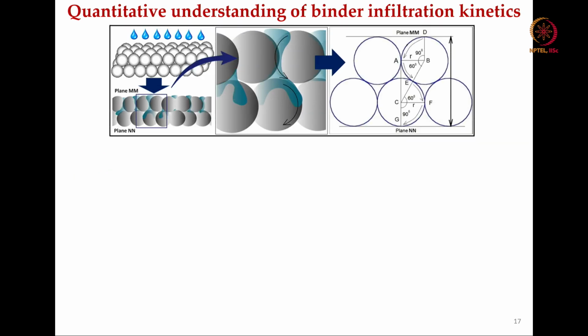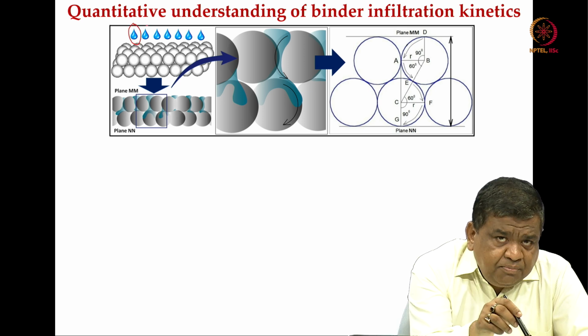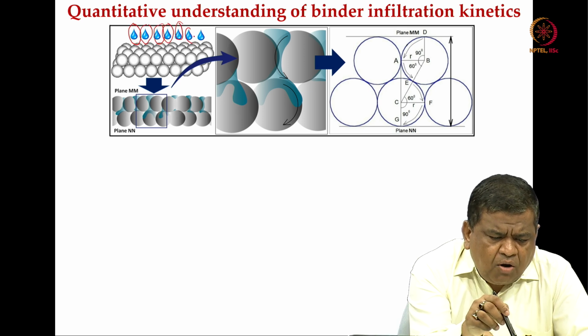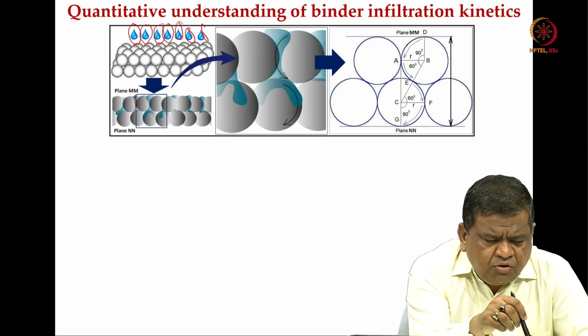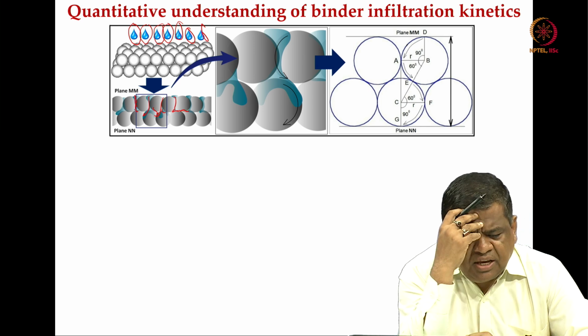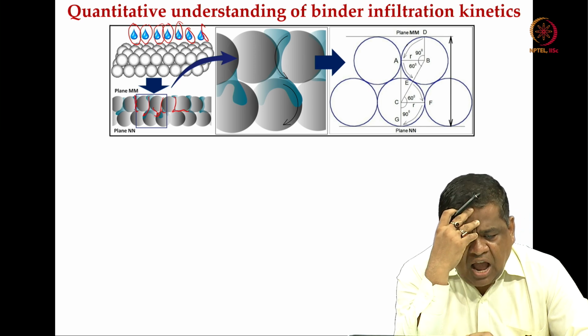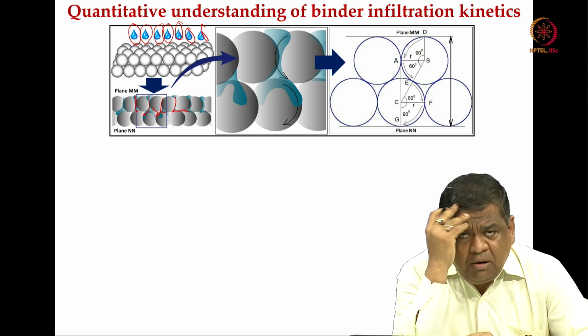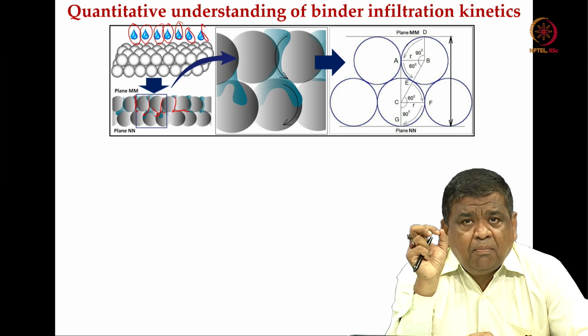Phenomenologically, what happens is that the binder droplet comes and interacts with the powder bed. It will flatten and then penetrate into the available pore spaces in the powder bed. What I have shown here is the ideal packing of spherical particles.